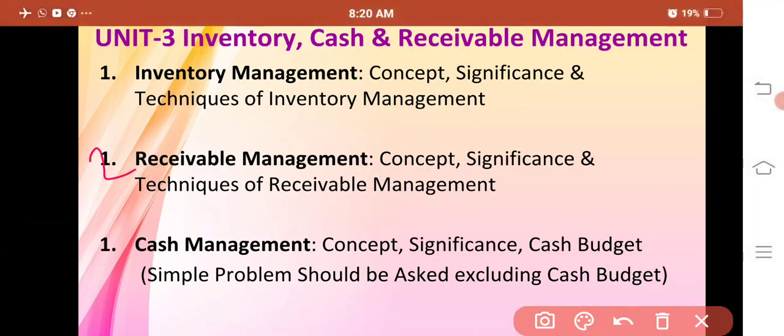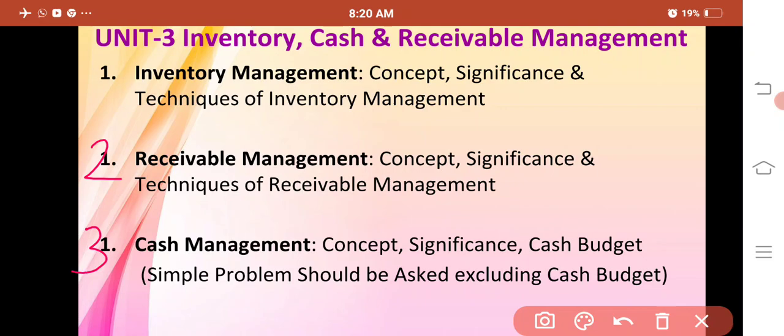The first chapter is about inventory management. The second chapter is about receivables management. And the third chapter is about cash management.